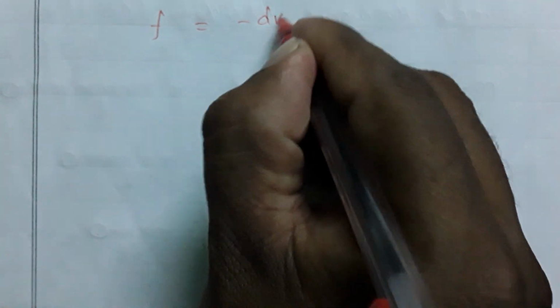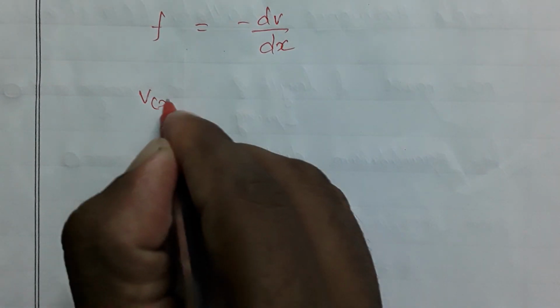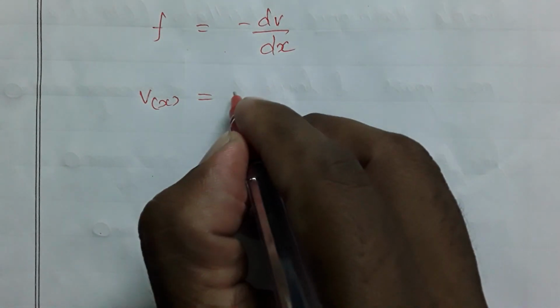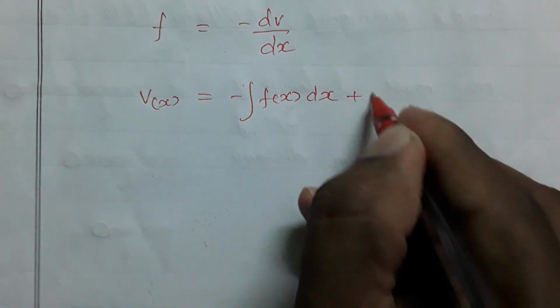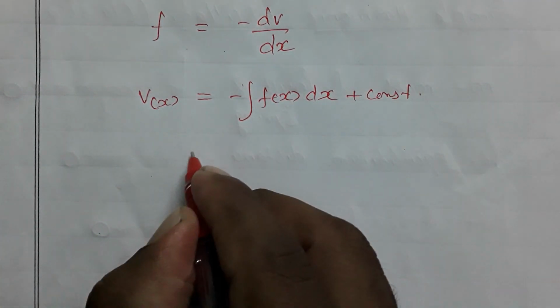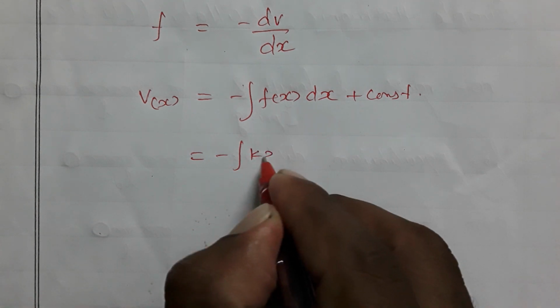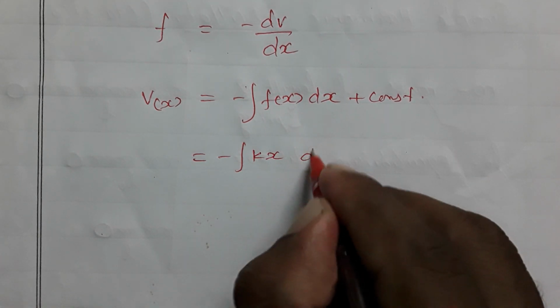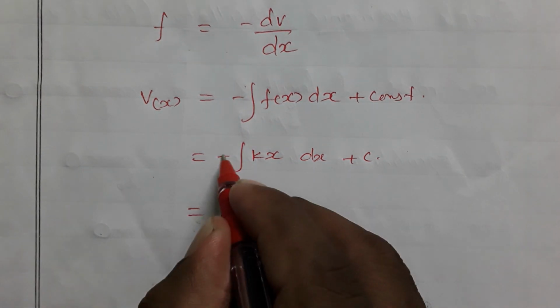Now we know from physics that the potential energy can be defined by F is equal to minus dV by dx. This we can write as the potential energy V of x equal to minus integral of f of x dx plus constant, that is equal to minus integral of minus kx dx plus c.